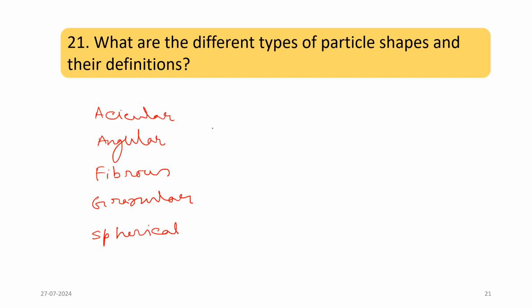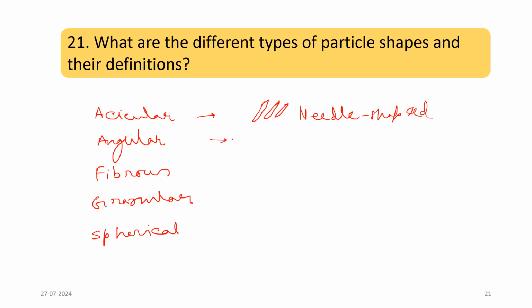In the acicular shape comes needle shaped or rigid, long particles. This type of particle will come under needle shape. So a short question can come from this, that what type of shape comes under acicular shape. So you can remember this.